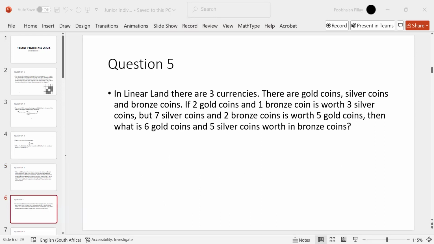Now, in linear land, there are three currencies. There are gold coins, silver coins, and bronze coins. So there are three types of coins. Let's call them gold, G, bronze, B, and silver, S. It's nice to give names so that you can keep track.